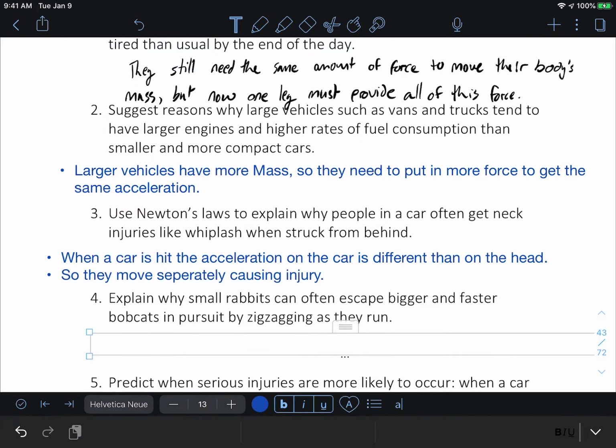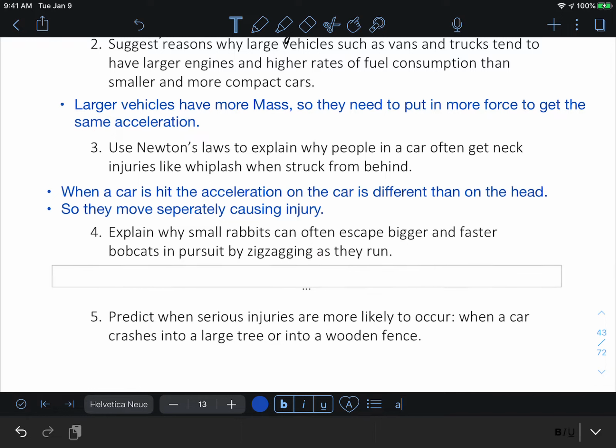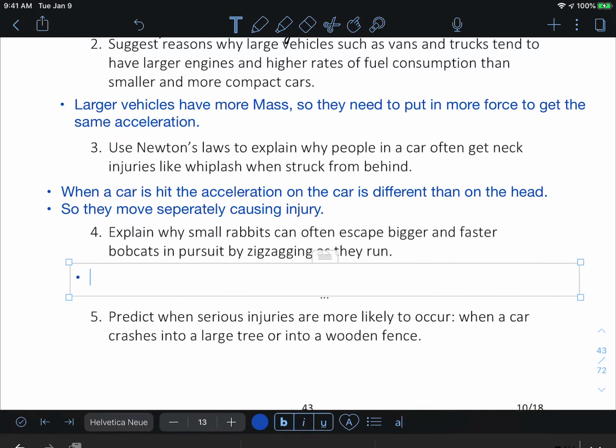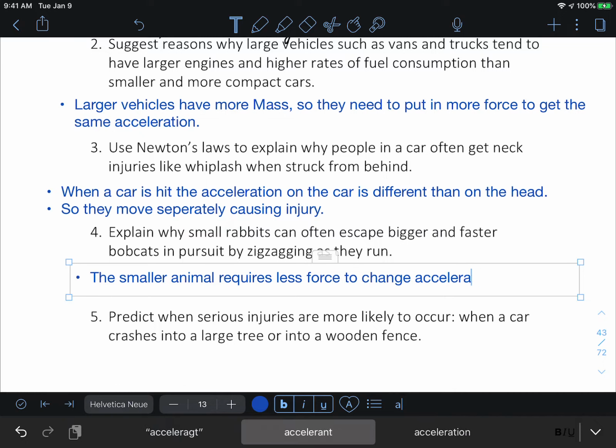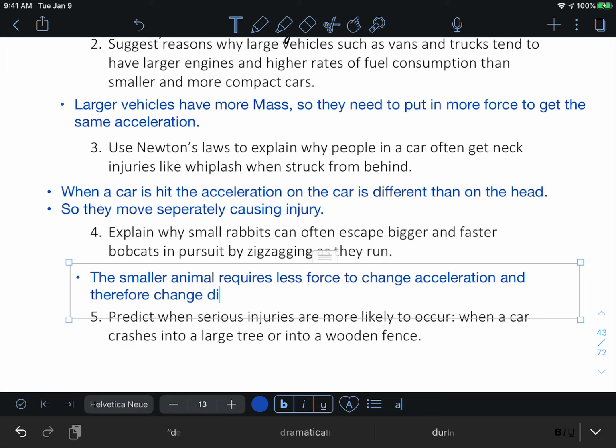Okay, so why are small rabbits often able to escape bigger and faster bobcats in pursuit by zigzagging as they run? The smaller animal requires less force to change acceleration, and therefore change direction.